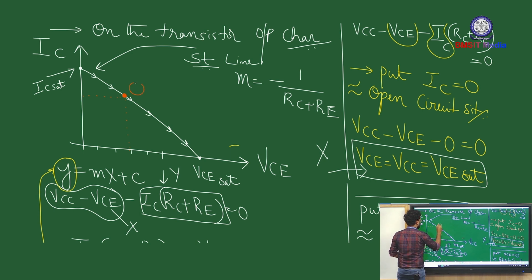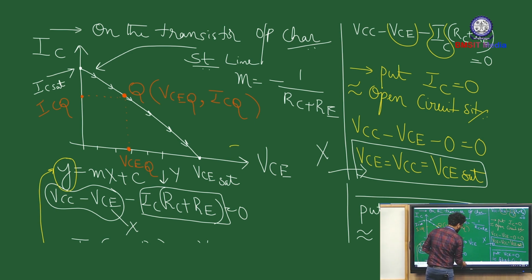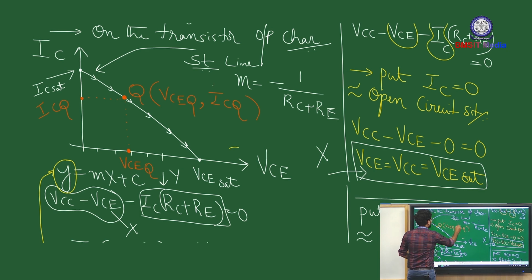So this is your Q point whose coordinates are VCEQ, ICQ. This is your ICQ, and this is your VCEQ. That completes the load line analysis.